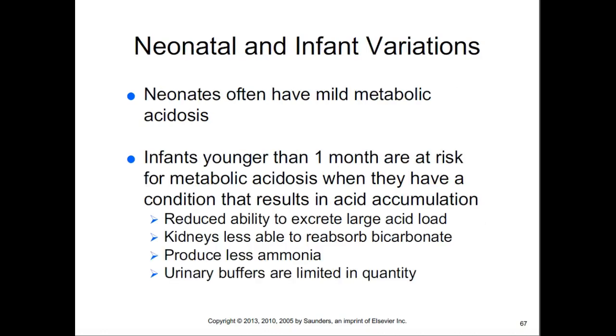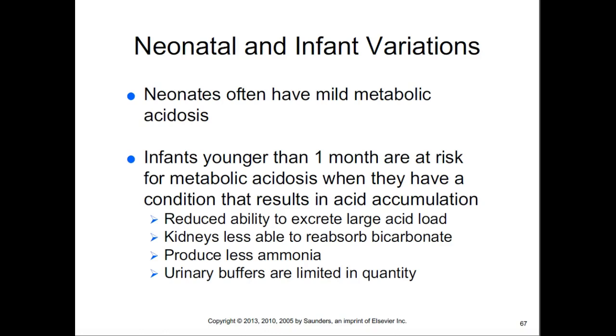So some neonatal and infant variations, since neonates often have a mild metabolic acidosis. Infants younger than 1 month are at risk for metabolic acidosis when they have a condition that results in any acid accumulation, because they have a reduced ability to excrete large acid loads. Their kidneys are less able to reabsorb bicarbonate.